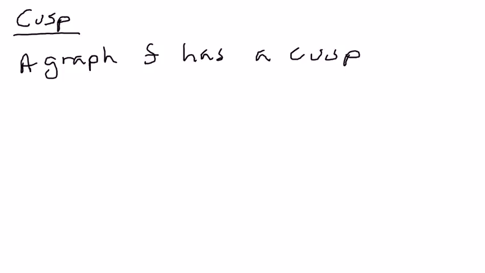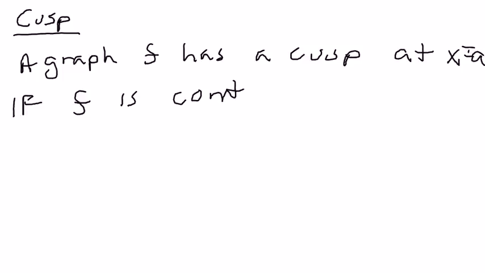A graph has a cusp at x equals a if f is continuous at a, and these two things have to be true.